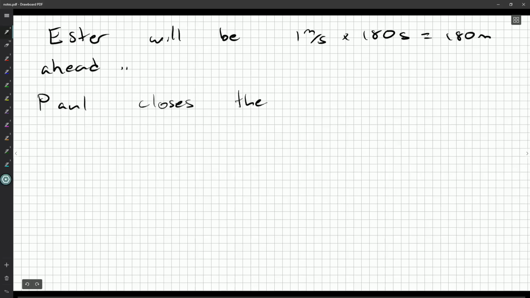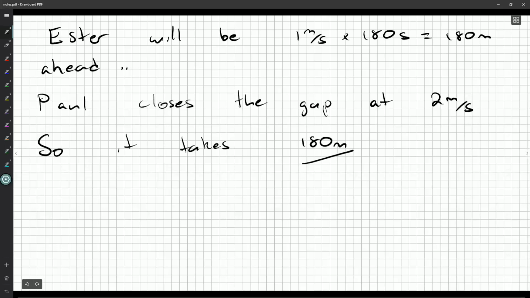So Paul closes the gap between them at 2 meters per second. Again, Paul is moving at 3 meters per second, but Esther is working to maintain that gap by moving away from Paul. So effectively, Paul is gaining 2 meters every second. So there's 180 meters between them, and we lose 2 meters every second. So 180 divided by 2 will be 90.